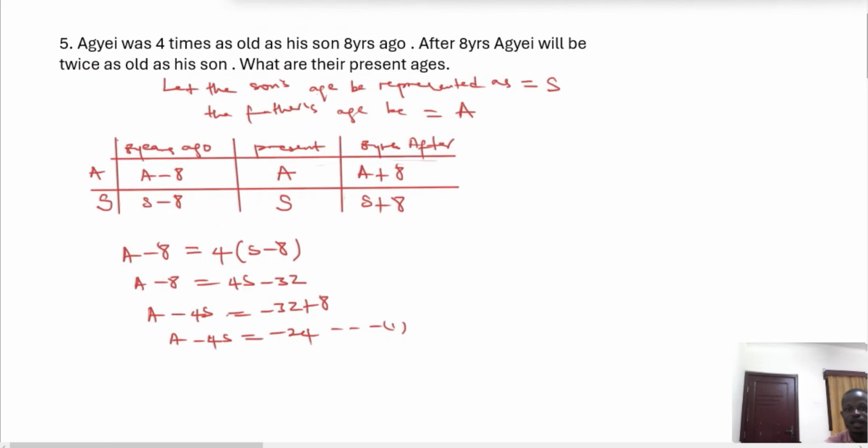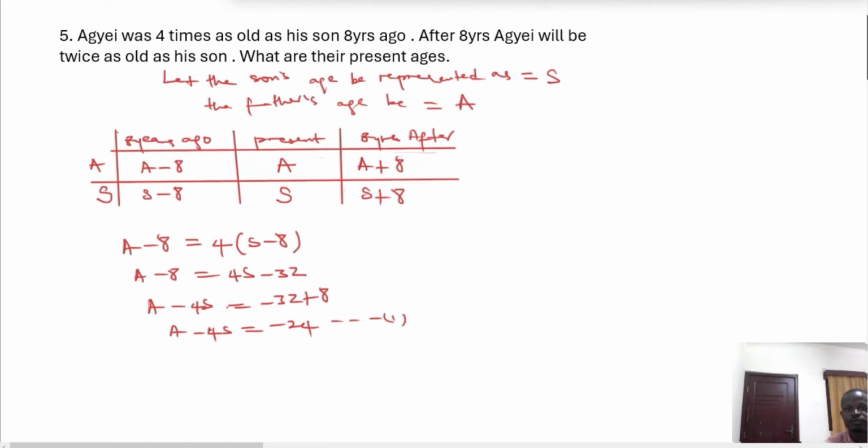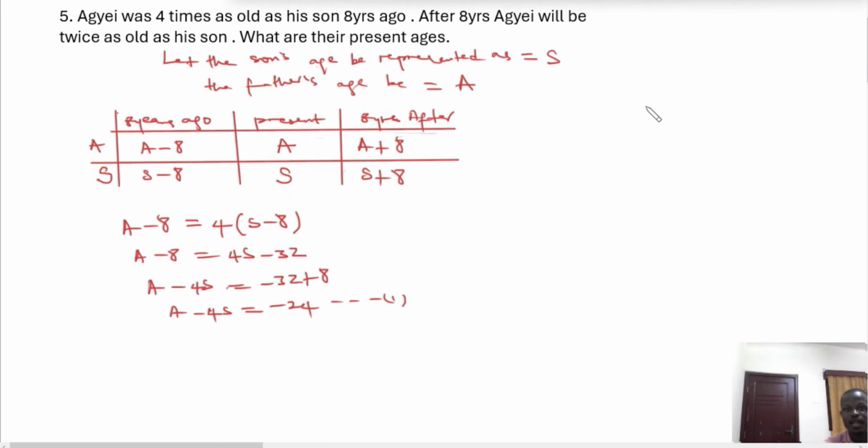8 years after, Agir will be twice as old as his son. Agir's age 8 years after is A plus 8.